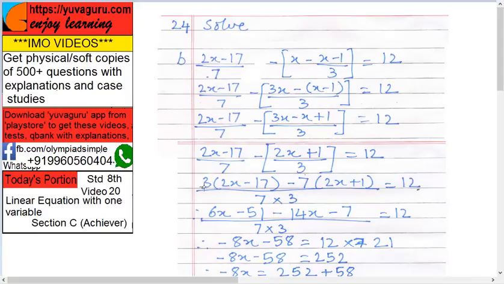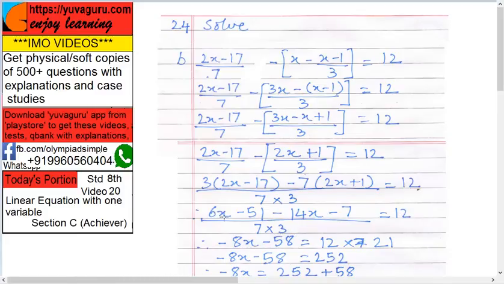Solve this now. 3 into 2x is 6x, and 3 times 17 is 51, minus 51, right? Minus 7 into 2x is minus 14x, and minus 7 into plus 1 is minus 7. The whole upon 7 into 3, or 21, you can write, equals 12.